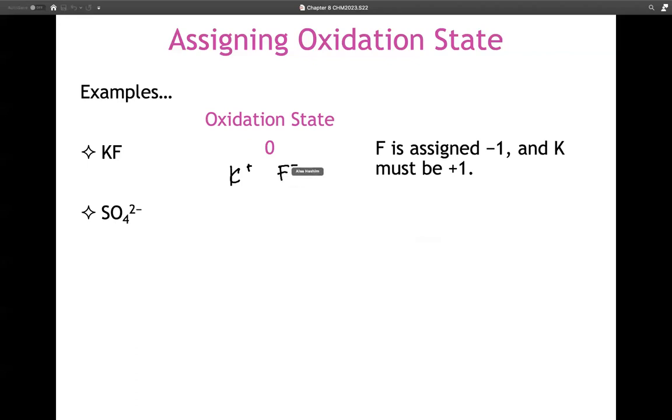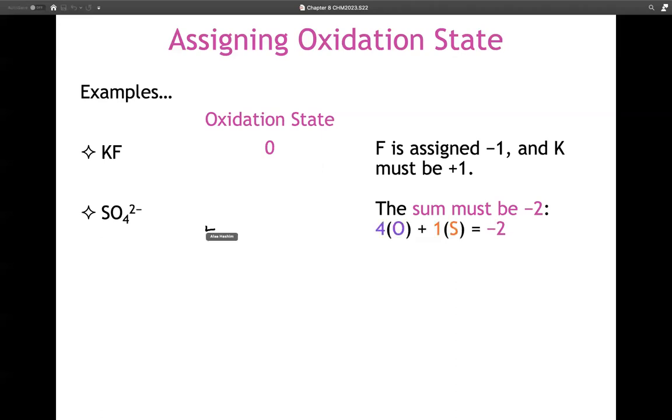Now, sulfate is a polyatomic ion, so the sum has to be -2 overall. You have 4 oxygens, and each oxygen has to be a -2, so that's overall -8.